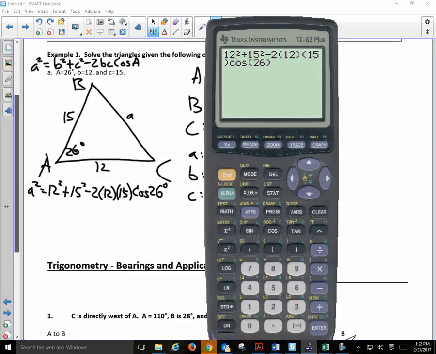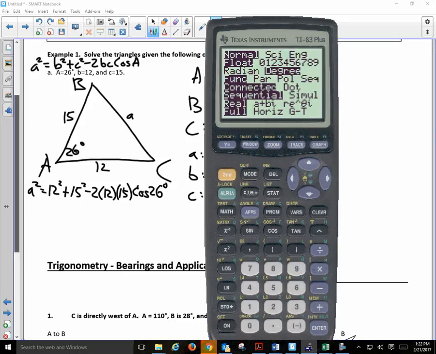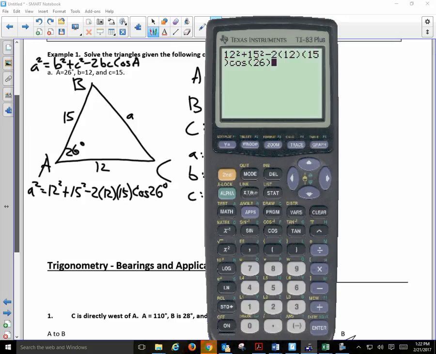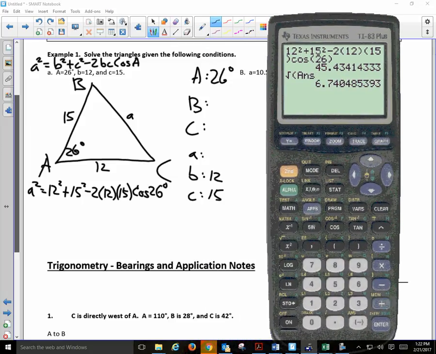I type it in. I do mode to make sure I'm working in degrees. Caught 2 people this morning working in radians. They were upset that they were getting the wrong answer. I press enter and I get 45. Is that my answer? Square root it. I get 6.74. So A is 6.74.